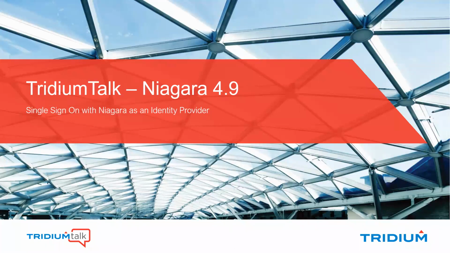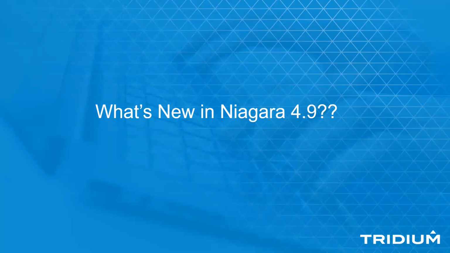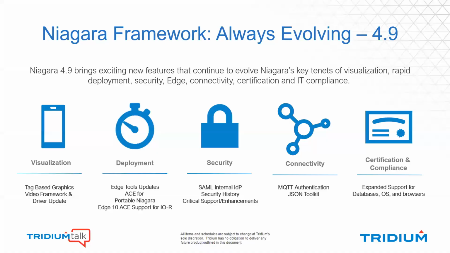So without any further ado, let's get into 4.9, because we want to use this opportunity to cover some of the new critical features that were introduced in Niagara 4.9.